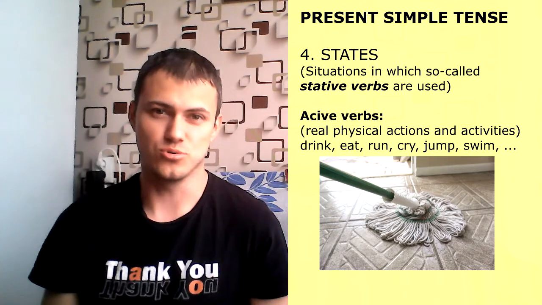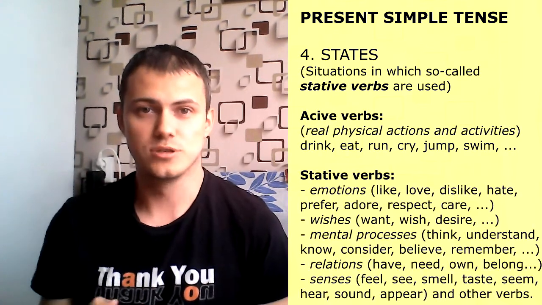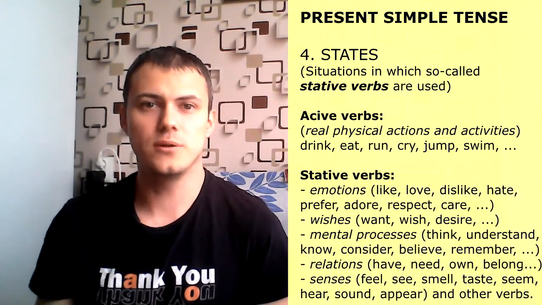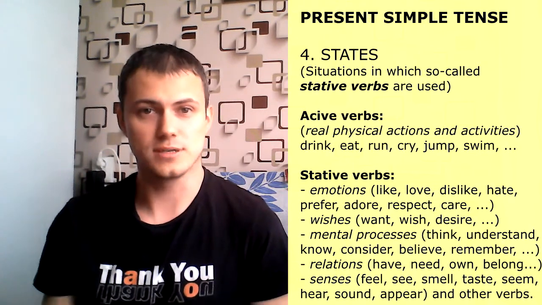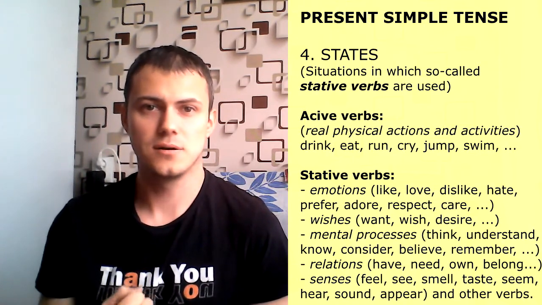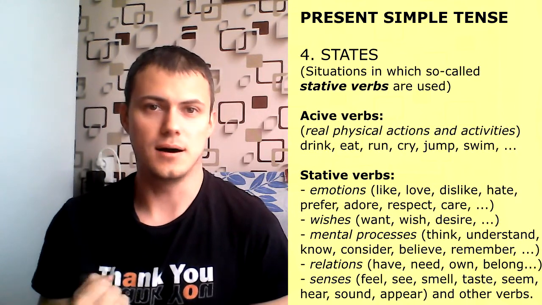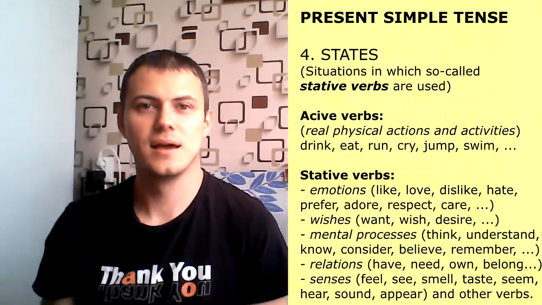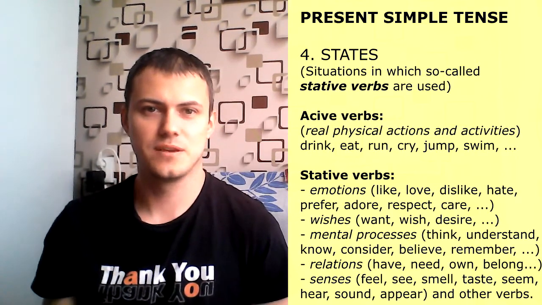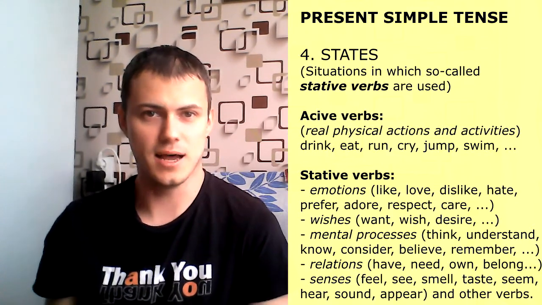It's not true, actually. We use the stative verbs when we talk about our conditions or, for example, our likes or dislikes, such as like, hate, prefer, love, and our senses: feel, see, hear, taste, smell.